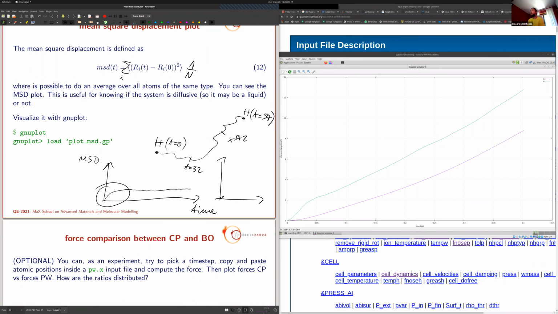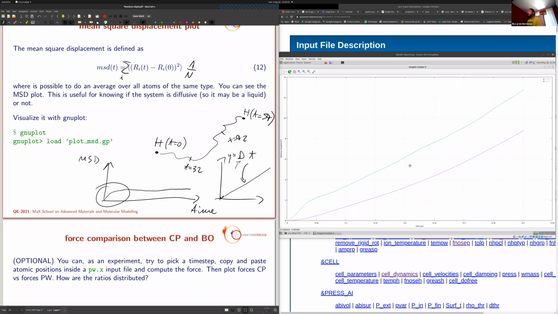So we have something here, then a line. And you can compute the diffusion coefficient by looking at the slope of the line. This is the diffusion coefficient, okay?